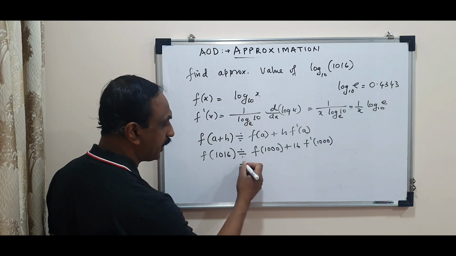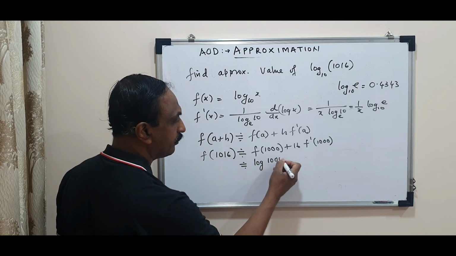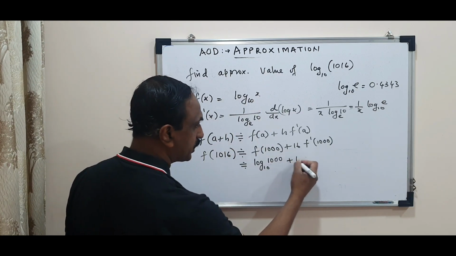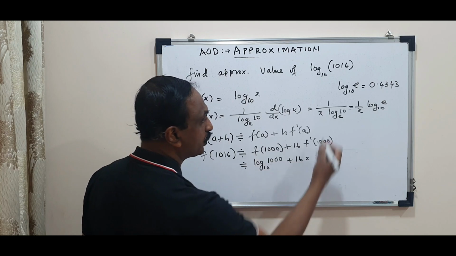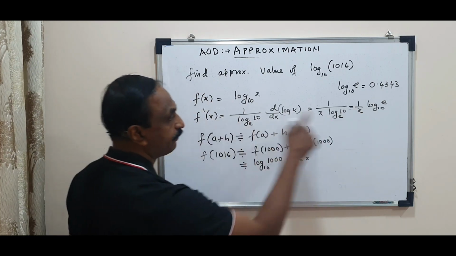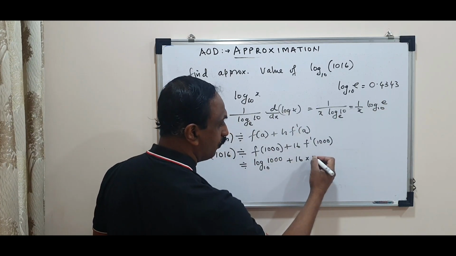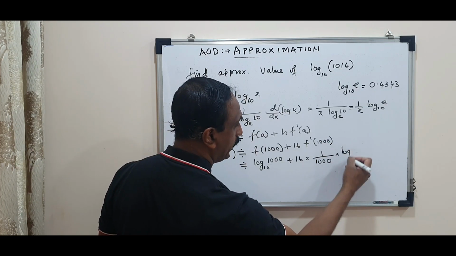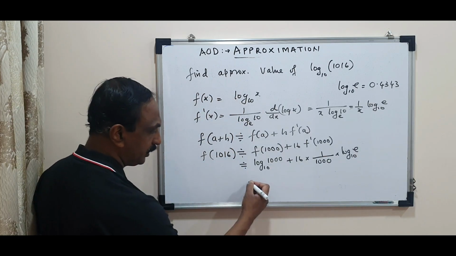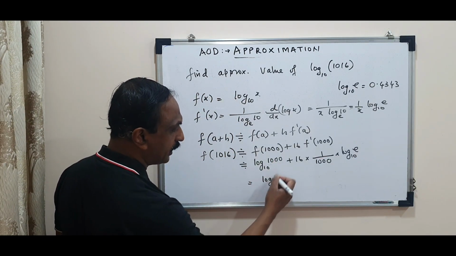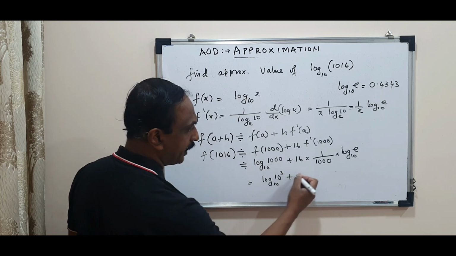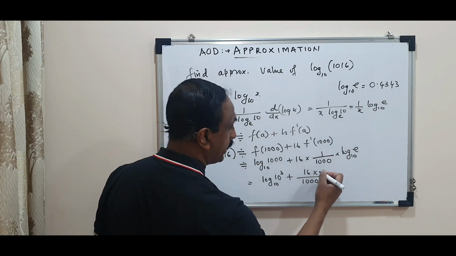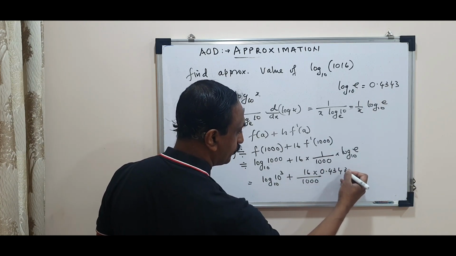Now f of 1000 is log 1000 to the base 10, plus 16 into f dash of 1000. The derivative f dash of x is 1 by x into log e. So 1 by 1000 into log e to the base 10. This I can write as log 10 cubed to the base 10 plus 16 upon 1000 into log e. Log e is 0.4343.